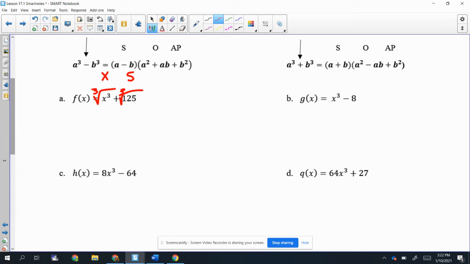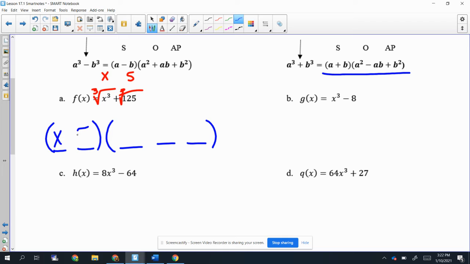And now what we need to do is, since this is actually a sum, we're going to be looking at this, but we need to make a set of parentheses here and a set of parentheses here. One needs to fit 2 terms and one needs to fit 3. Okay, so up first, all you do is you put in your x and you put in your 5, just like we got here.